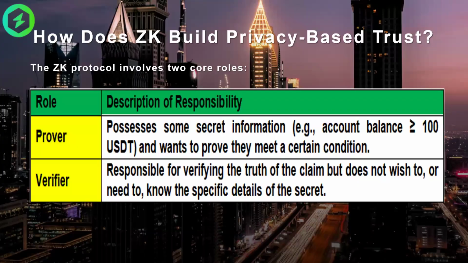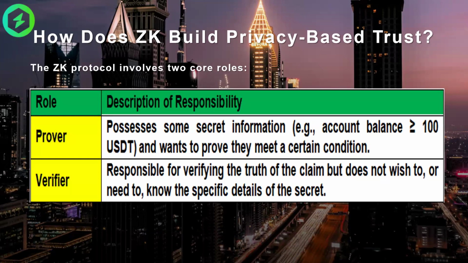Okay, let's look at this. How does ZK build privacy-based trust? The essence of a zero knowledge proof protocol is to allow a prover to convince the verifier that a certain statement is true without revealing any underlying information.